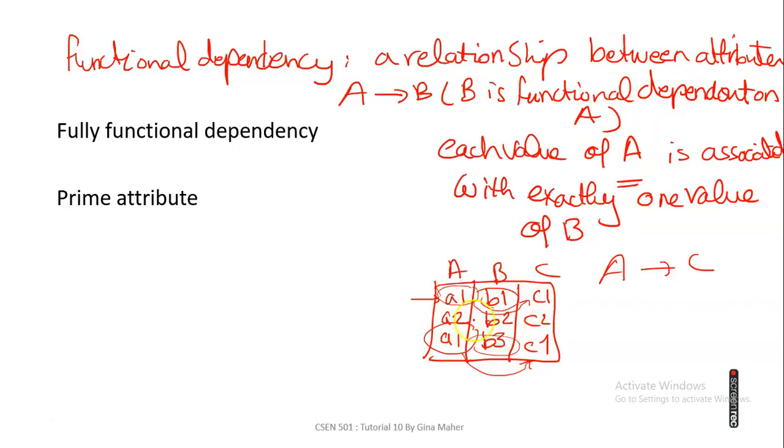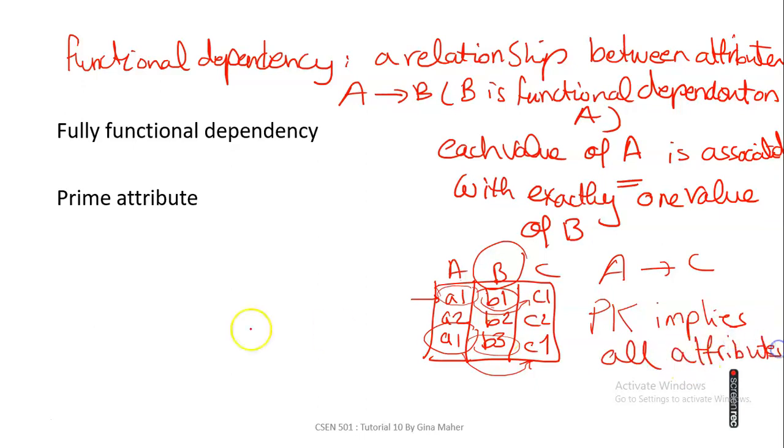B2 with C2 and A2. B3, C1 and A1. Since that B is always unique, then B is the primary key. The primary key implies all attributes. All attributes should be functional dependent on the primary key.